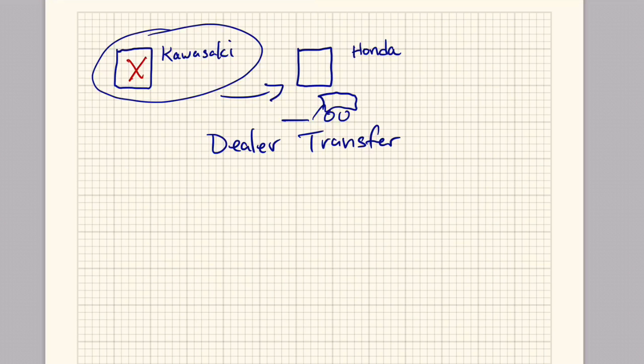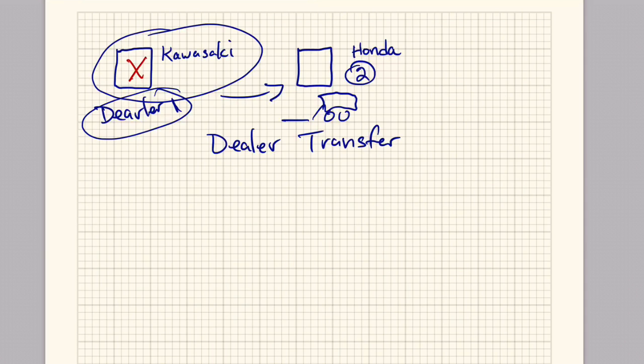If this is dealer 1 here, then this is dealer 2, then the parts will get put in a box and taken over to the other dealership or shipped to that location at that particular time.